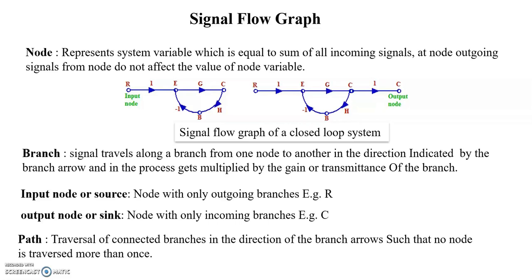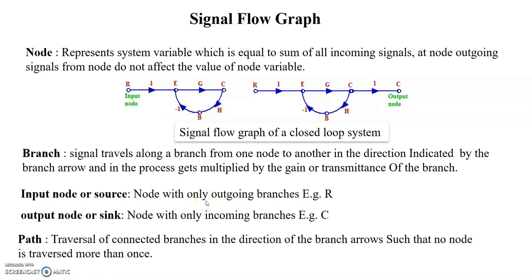The first one is a node. It represents a system variable which is equal to the sum of all incoming signals at the node. Outgoing signals from one node do not affect the value of the node variable. Here R, E and C are all nodes. Next, branch.